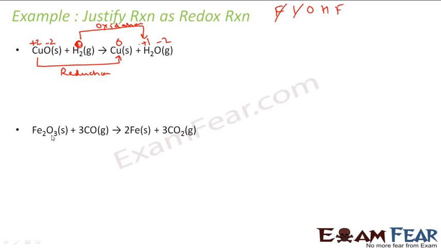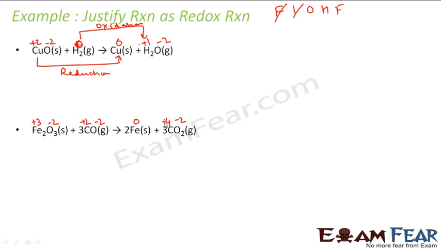Let's take this example. Fe2O3: O is -2, so that is -6, and the iron has to total +6; 6 by 2, it is +3. In CO, O is -2, so this carbon is +2. Fe is 0 because it is free. In CO2, O is -2, times 2 is -4, so carbon has to be +4 so that the overall is 0.